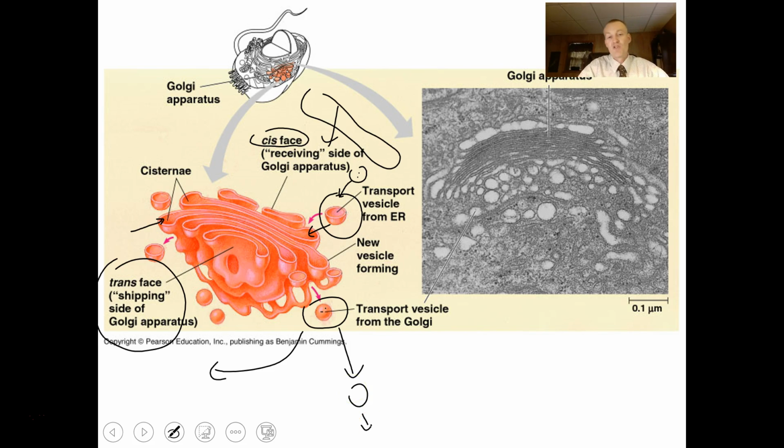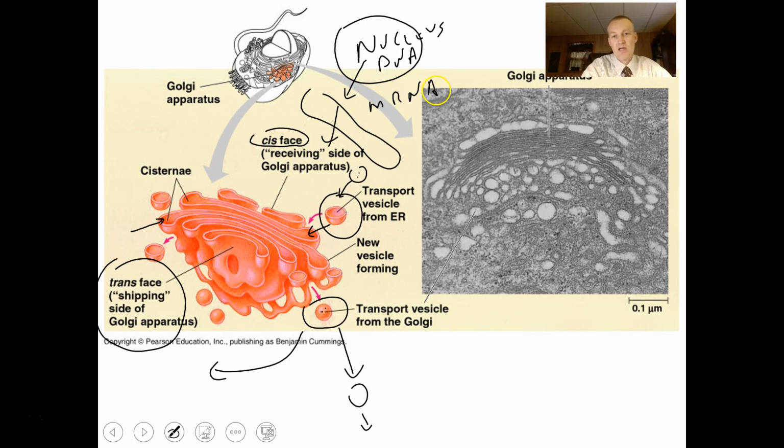So for example, if you have a cold, one thing that happens is your mucous membranes produce lots of mucus. So inside of the nucleus, we have DNA, which codes for the making of the mucus proteins. Those codes come out in the form of messenger RNA. They go to the ribosomes of the endoplasmic reticulum, and they make those little proteins that are mucus.